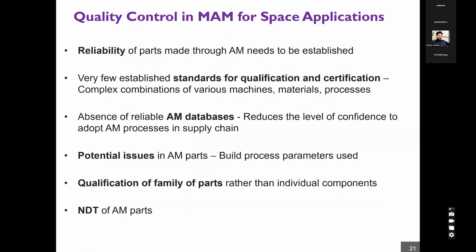So now we'll move into the quality control aspects for metal additive manufacturing processes for space applications. Why do you need to look at quality control? Because we are talking about space applications wherein very high costs are involved. So reliability plays a very key role. The reliability of the parts that are being made through additive manufacturing also needs to be established.